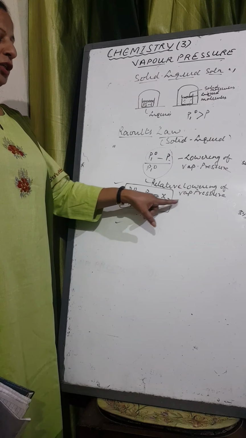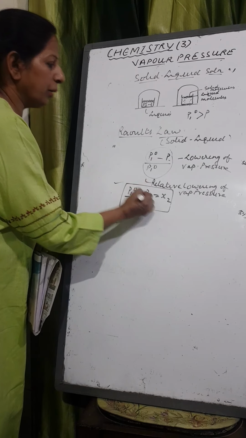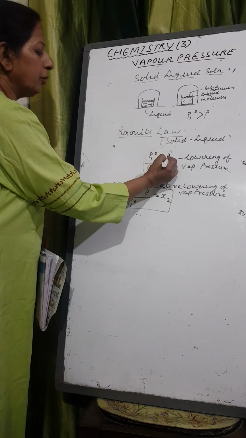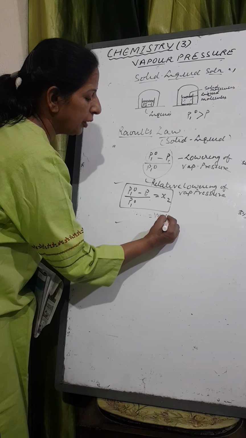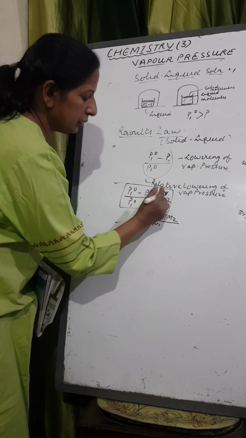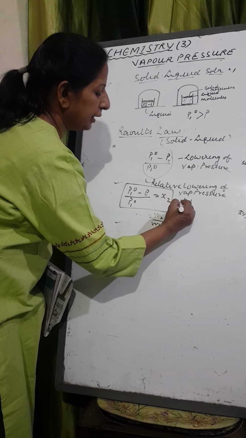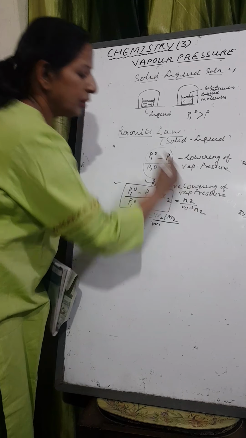Mathematically, it may be represented as (P1 naught minus P1) upon P1 naught equals chi 2. Now, chi 2 can be written as N2 upon N1 plus N2.